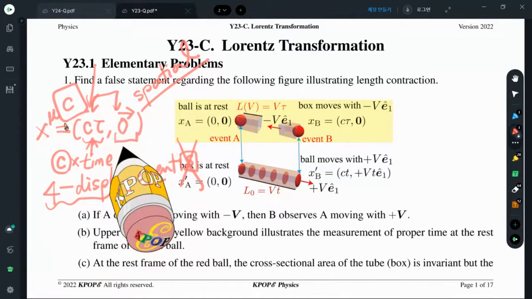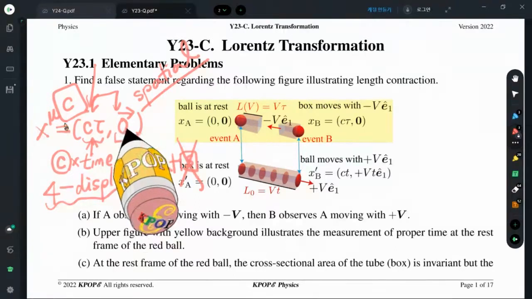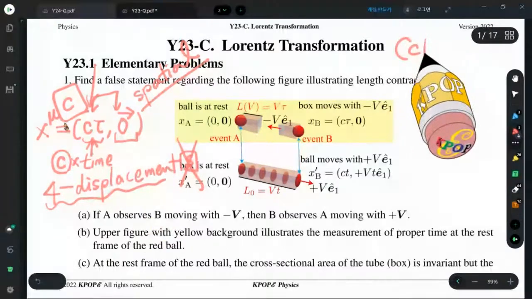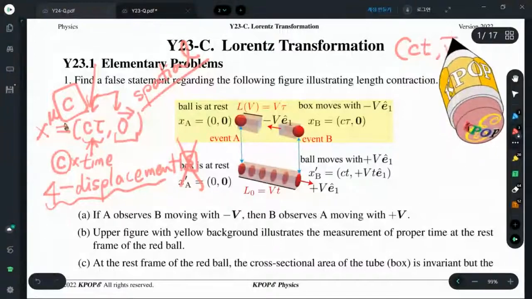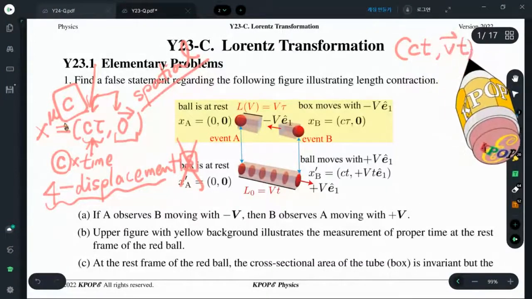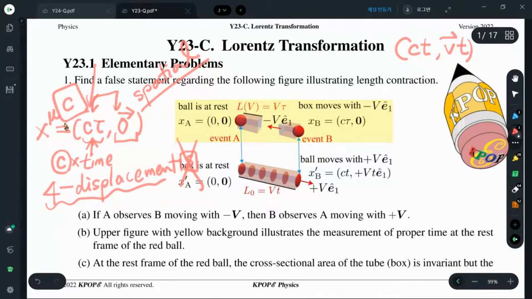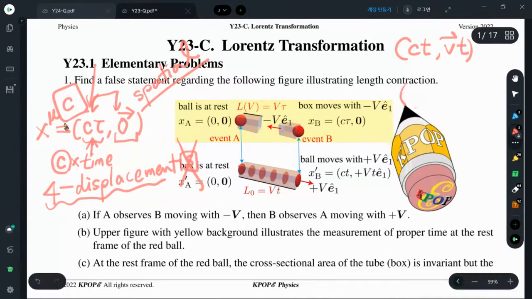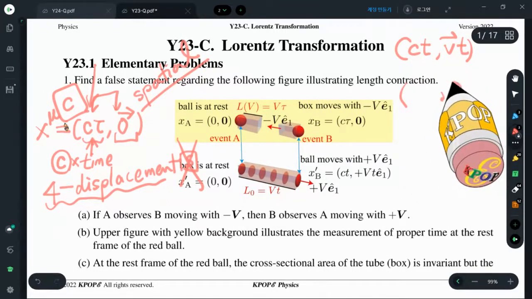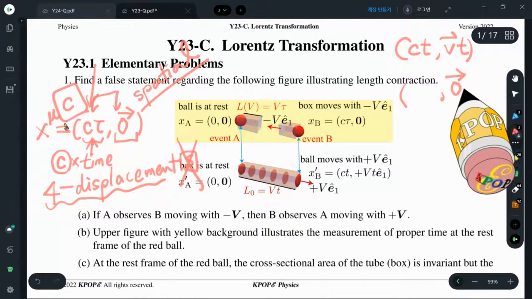Usually, if an object is moving with a constant velocity, we use time t and velocity multiplied by time t. If this object is at rest, then the velocity is 0.